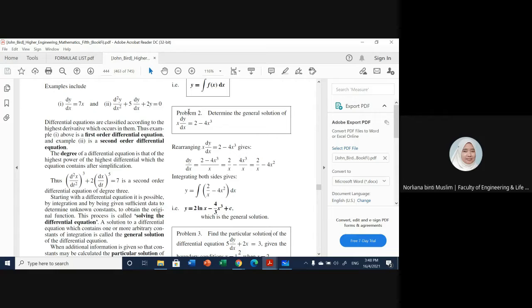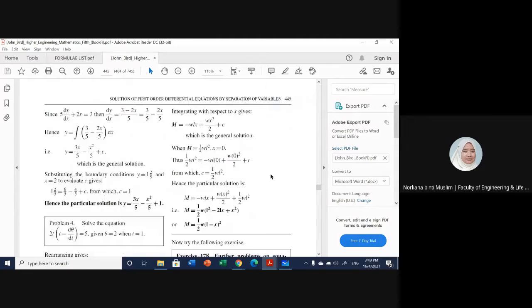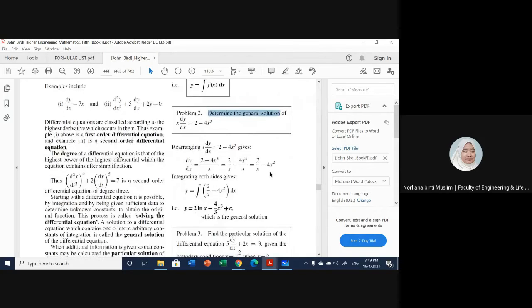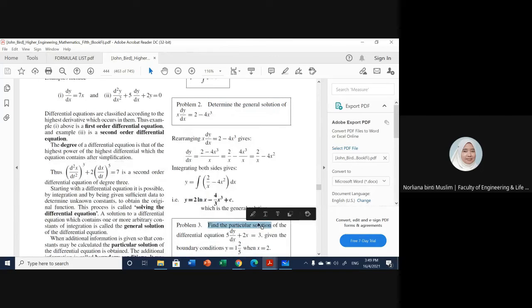For example, problem 2 clearly states to determine the general solution, and problem 3 says find the particular solution. So it is clearly stated.